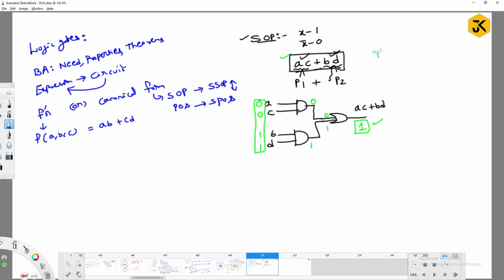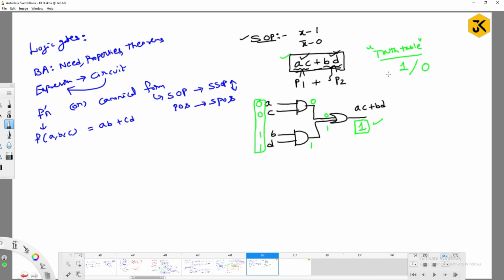Instead of representing your entire data output in the form of a truth table, where the truth table contains both positive cases as well as negative cases, positive cases mean those producing the output 1, and negative cases mean those producing the output 0, your circuit is going to do the same.